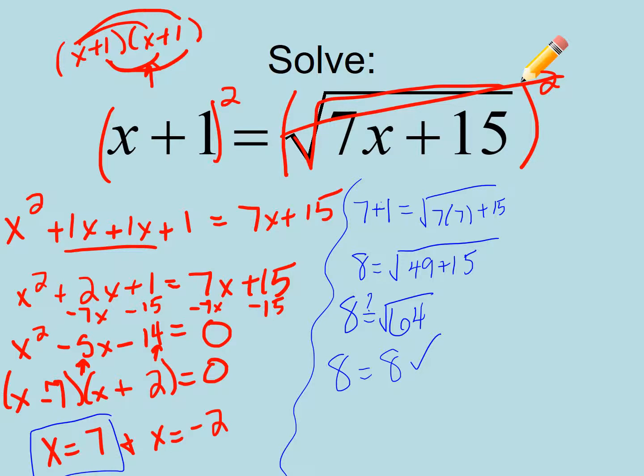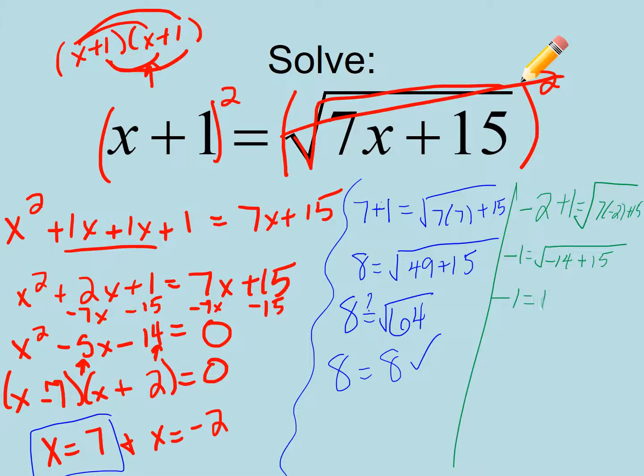I'm going to try negative 2 in a different color. So let's try it in green. So if we have negative 2 plus 1 is equal to the square root of 7 times the negative 2 plus 15. Sorry, I'm running out of room. Negative 2 plus 1 is a negative 1. 7 times negative 2 is negative 14 plus 15.